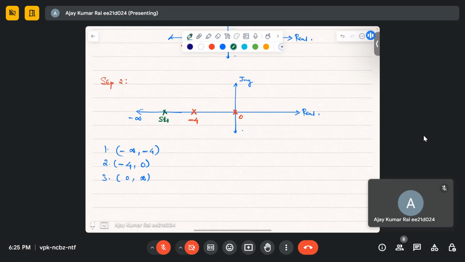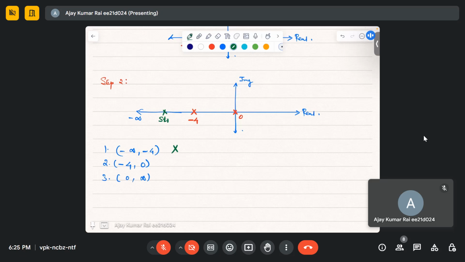But in this case, you see an even number of open loop poles and zeros. The number is 2, so the root locus does not exist, because of an even number of poles and zeros lying on the right hand side of the test point.